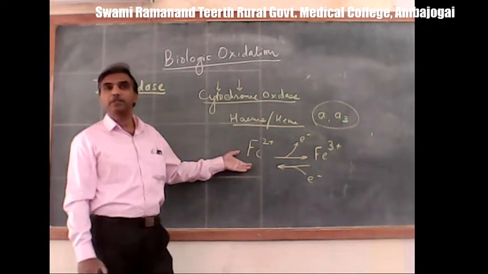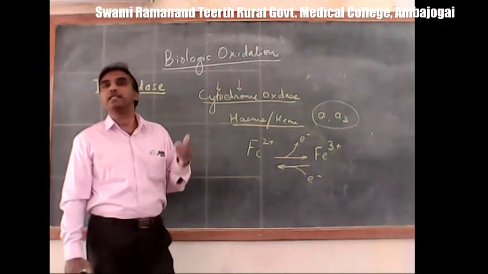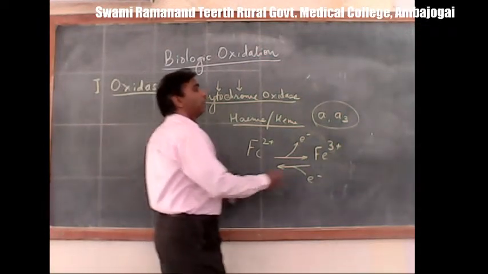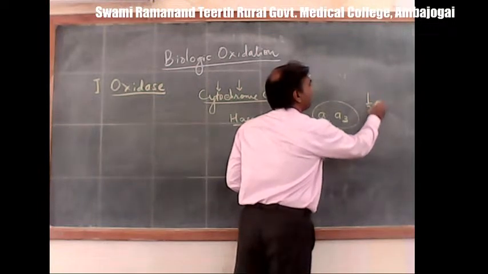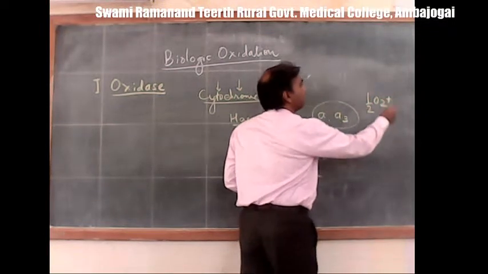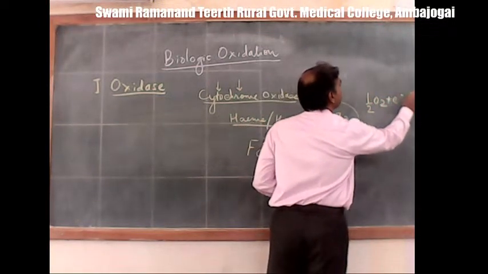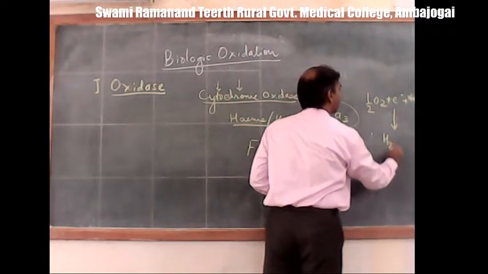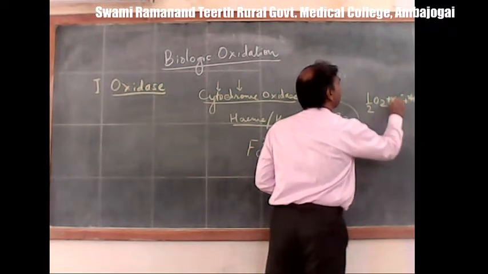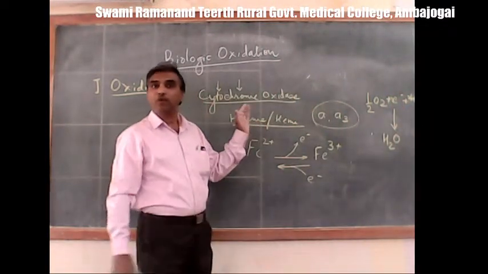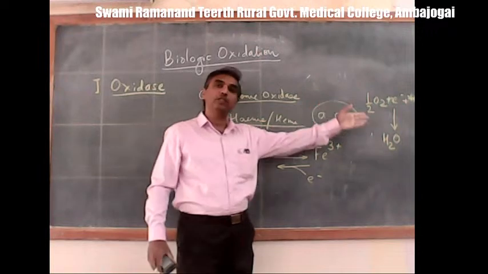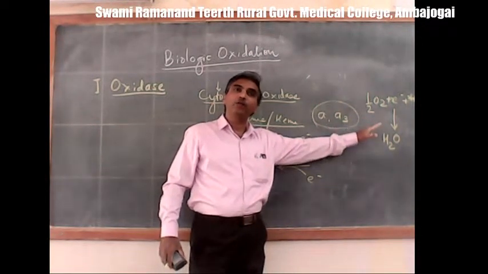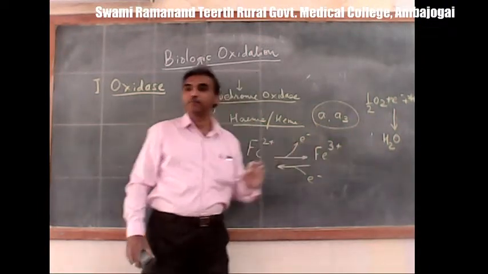What the electron transport chain is, we will again see. So this is the last component of the electron transport chain, where electrons from the electron transport chain, hydrogen from the matrix, and oxygen combine together and form water.